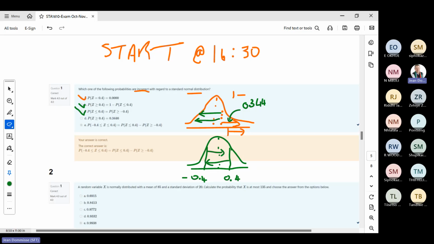I unfortunately don't have that table with me now, but the area you're looking for is 0.3446.